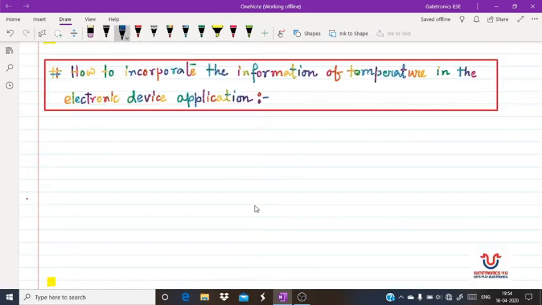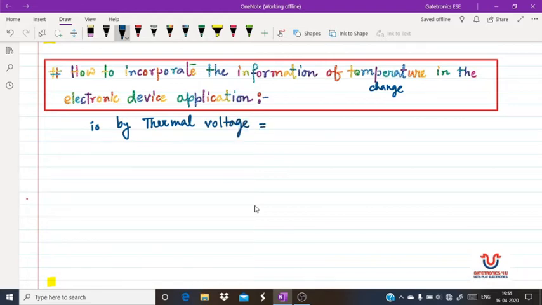Now you can see that there is a question written: how to incorporate the information of temperature in electronic device applications? The only way to incorporate the information of the temperature change is by thermal voltage, that we have already discussed.